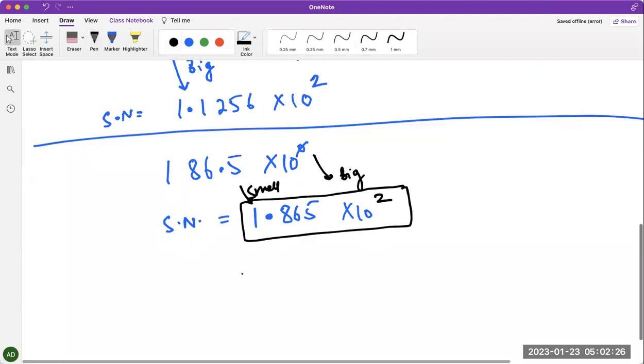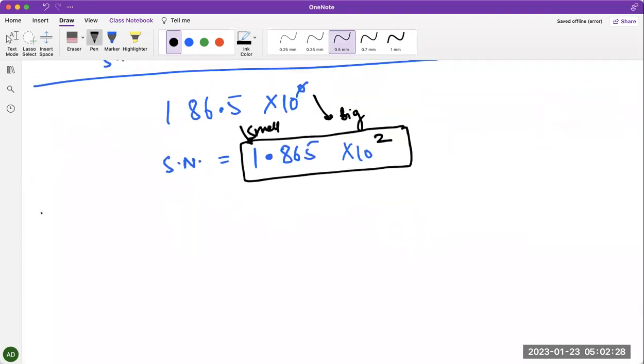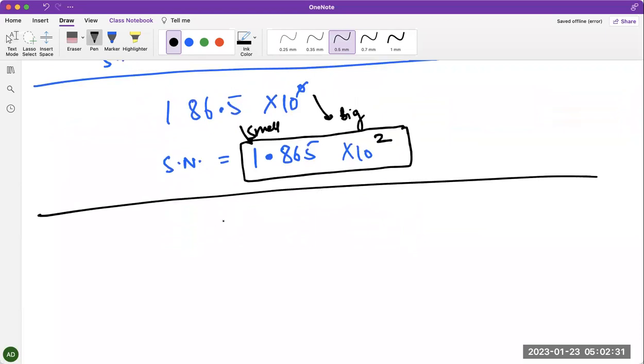Now you could also be given a number in scientific notation. So 5.053 times 10 to the power, let's say, 2. And I ask you, get rid of that exponent, change this into a number that has no exponent. What do you do with it?